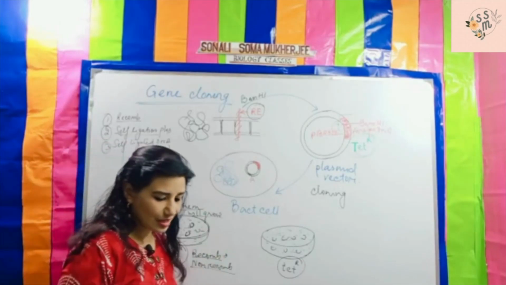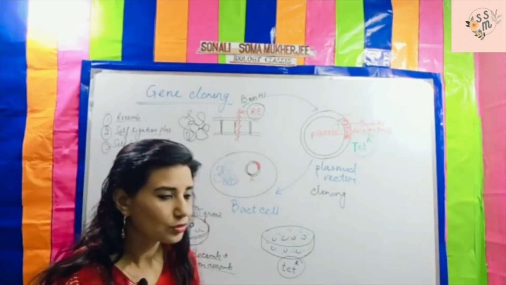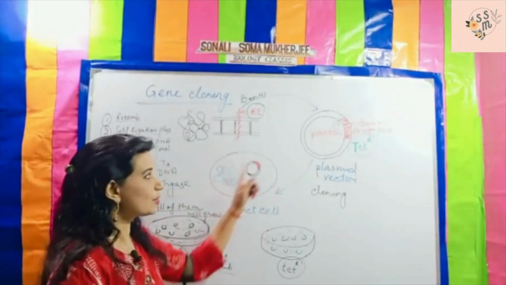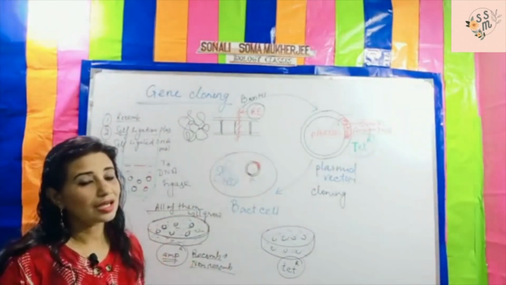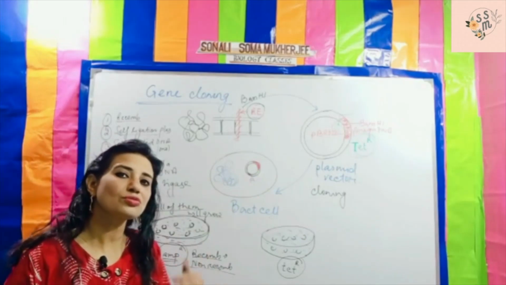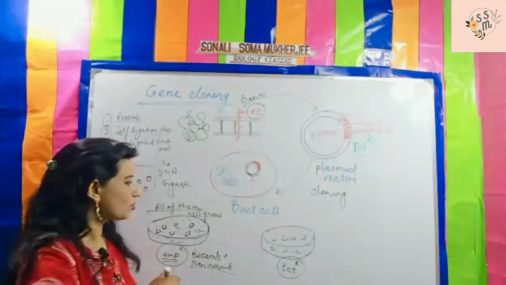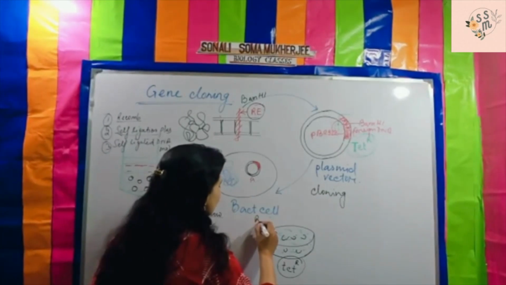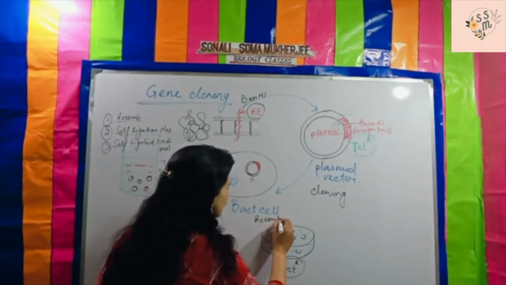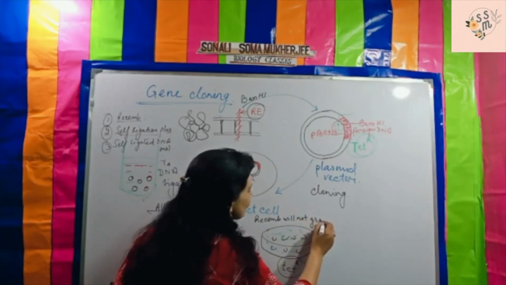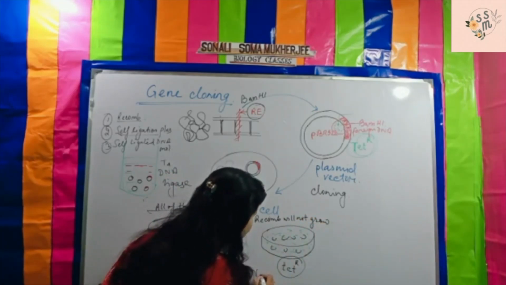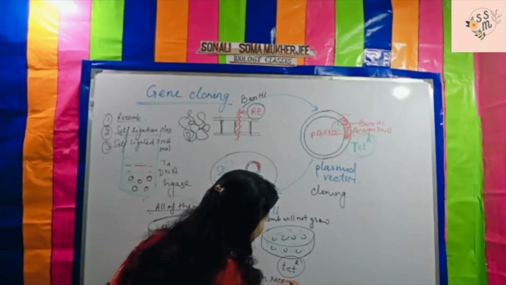What is the result? The recombinants carry the foreign gene and have lost their resistance to tetracycline. So in this case, the recombinants will not grow and the non-recombinants will grow.